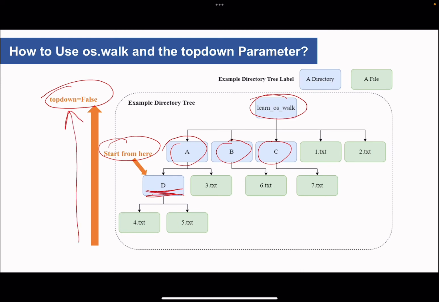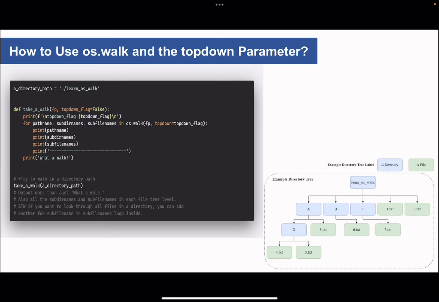Let's see how it looks in code. It's pretty much like the code that I explained when we set the top-down parameter to be true. The only difference is that here we set the default of the top-down flag to be false.